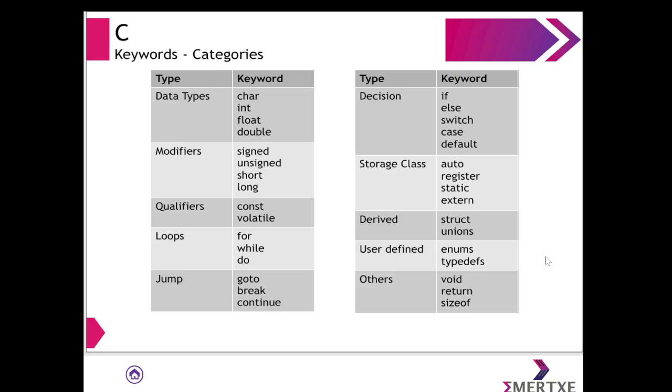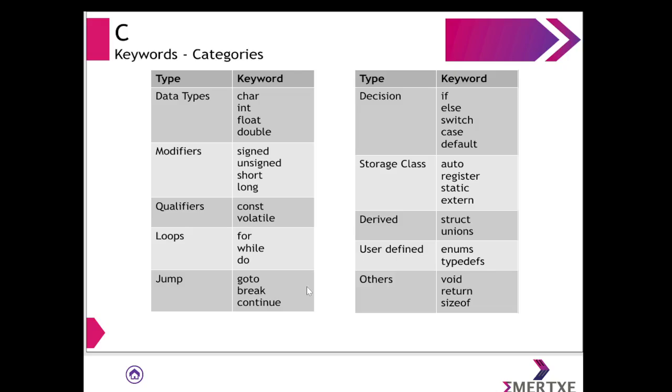And next, C keywords. There are different types of C keywords. They are data types, modifiers, qualifiers, loops, jump, decision, storage class, derived, user defined, and others. In data types, there are different keywords like char, int, float, and double.